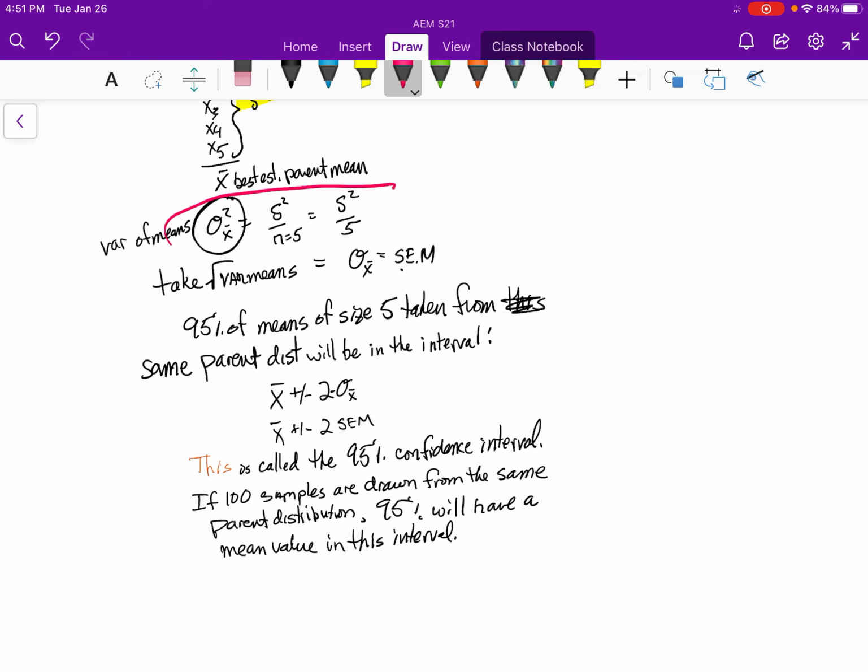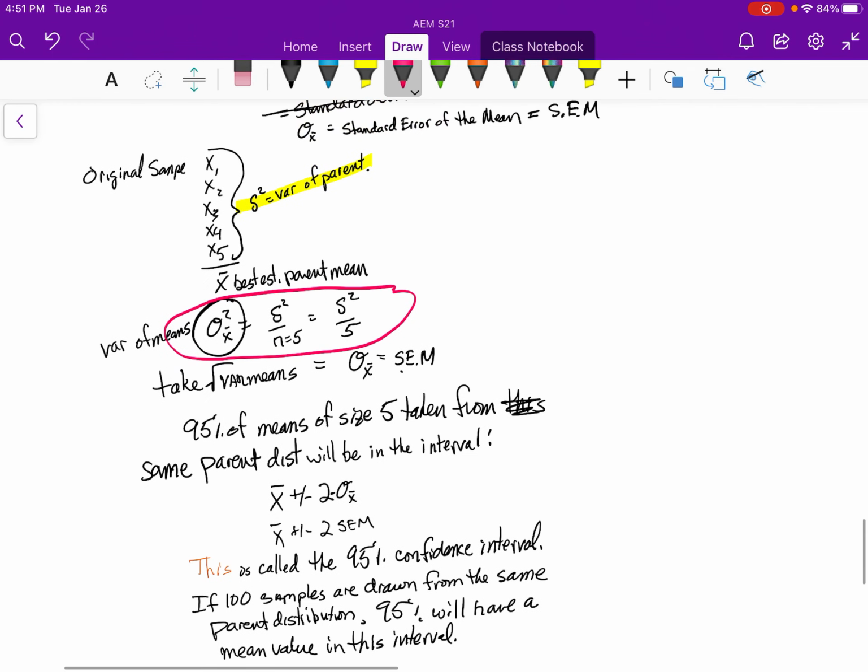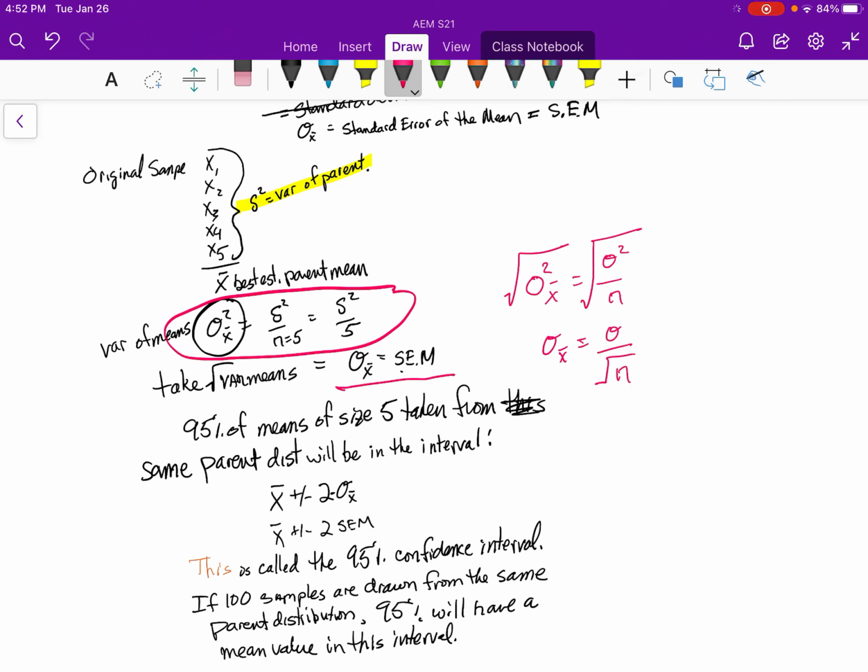So you might notice from this, though, that there's a little bit of a shortcut issue. I should look at this equation here, the variance of means. You can also figure out the standard error of the mean here. If the variance of the means is equal to the variance of the parent divided by n, then if you take the square root of both sides of this equation, the standard deviation of means, or the standard error of the mean, is equal to the standard deviation divided by the square root of n.